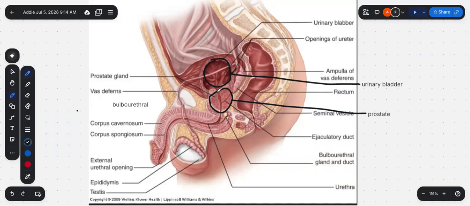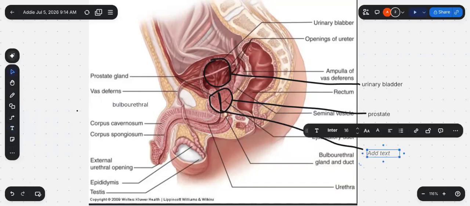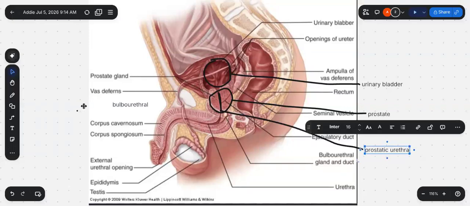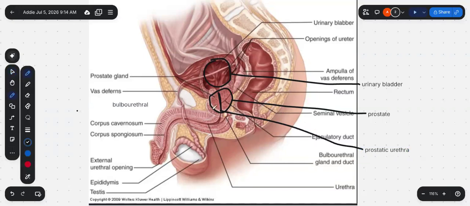Next, you have the urethra that goes through the prostate and then reaches around to the spongy tissue. So your urethra has three parts in men. You have this first tube over there, and that is known as your prostatic urethra. Then right below it, there is going to be a tiny segment.